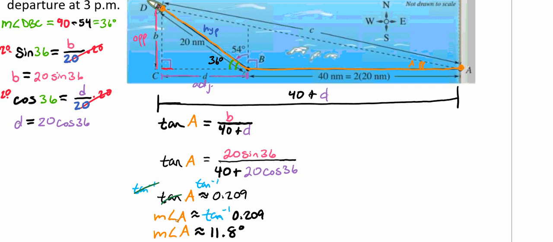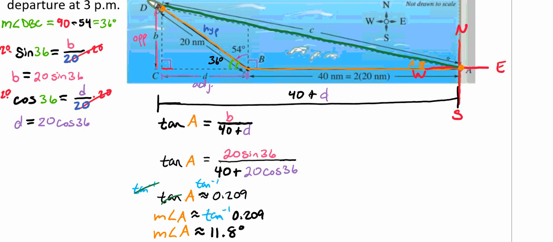So now we're ready to find our bearing. We're using it from port, and so here this is going to construct our north, south, east, west line. And what we're looking for is our ship's bearing.